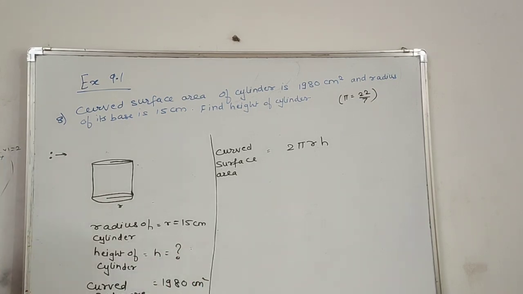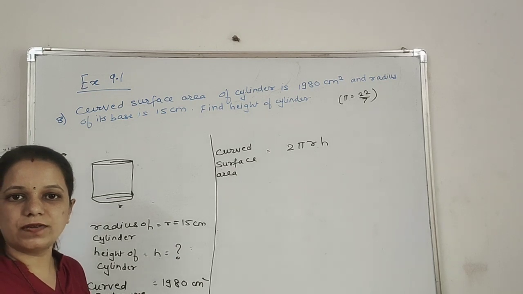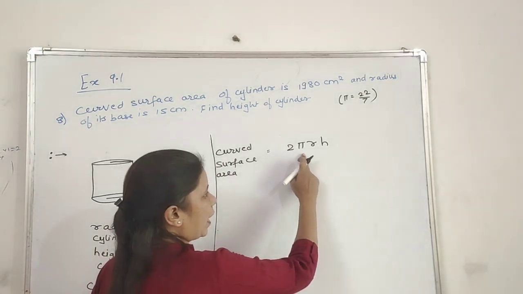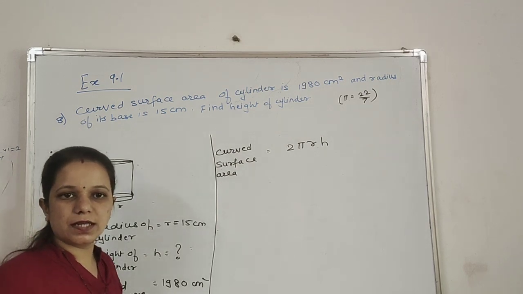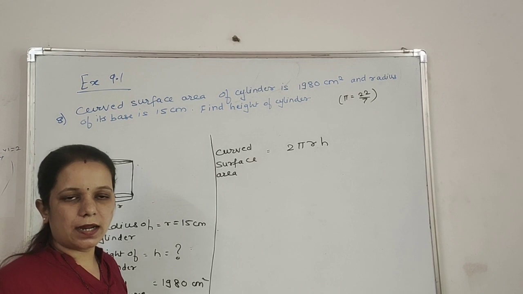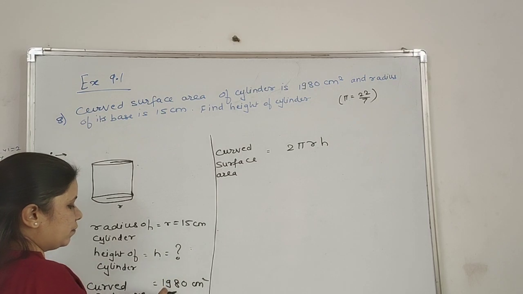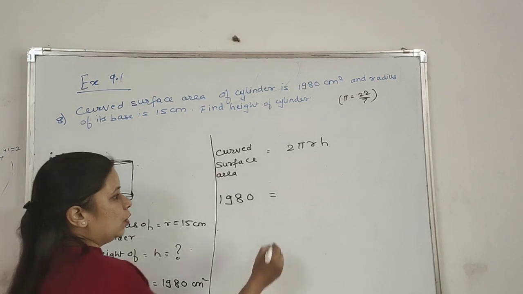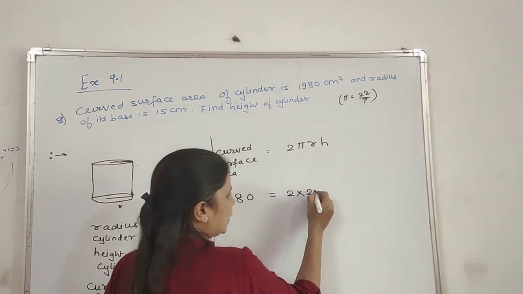Okay. Now here we have to use the formula for curved surface area. The curved surface area of cylinder is given by the formula 2 pi r h. We have just seen previously the curved surface area of cylinder is given by the formula 2 pi r h. Now here below the curved surface area we will write it as 1980 is equal to 2 into pi value, which is given to you in the question as 22/7.